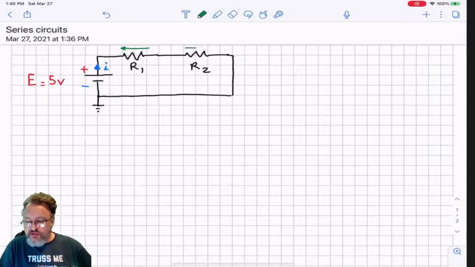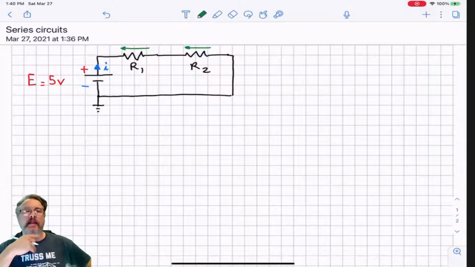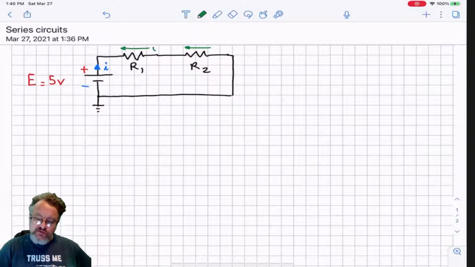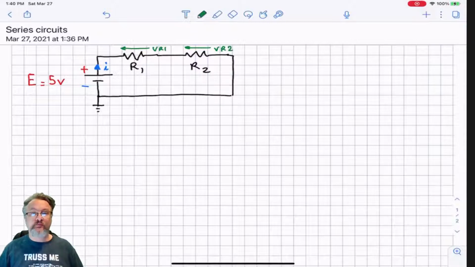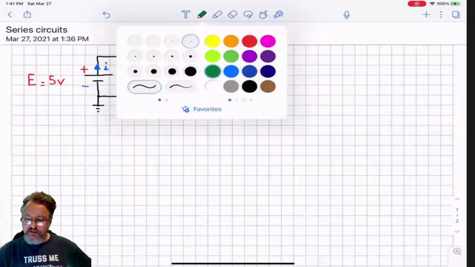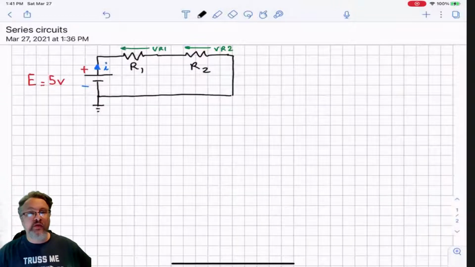We're going to represent the voltage drop by each one of them by a little arrow like this going against the current. This one we're going to label as VR1, and this one we're going to label as VR2. In Tinkercad, we did a few labs where we used the multimeters to measure all of this.